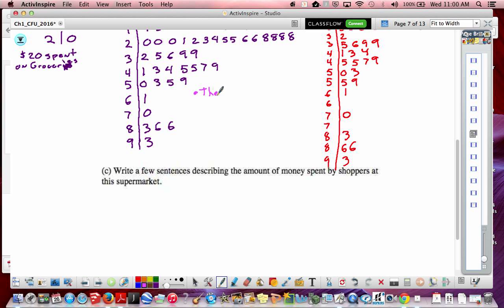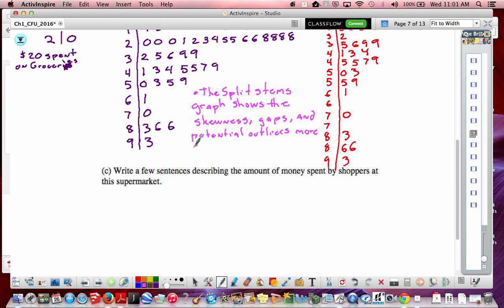Just note the split stems graph shows the skewness, gaps, and I even forgot to mention this, and potential outliers more clearly. They stand out a little bit more.